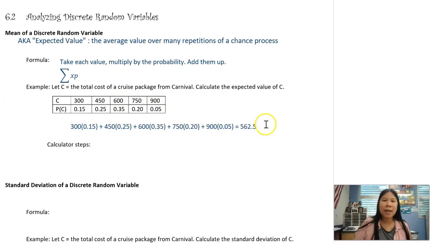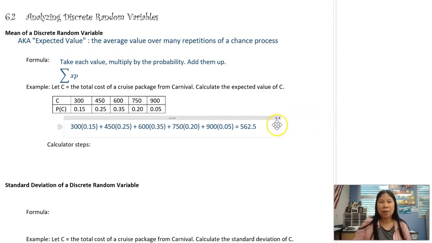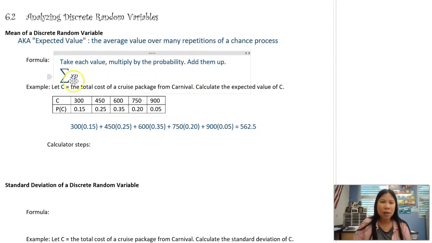We end up with 562.5. So if we purchased a cruise package from Carnival a bunch of times, the average amount that we would pay would be $562.50, out of all the different packages and the probabilities that people buy them at.